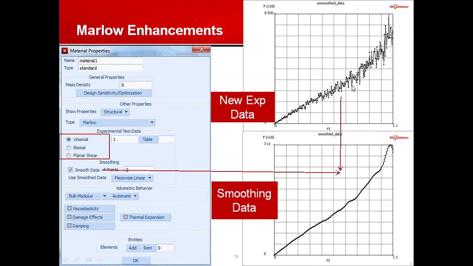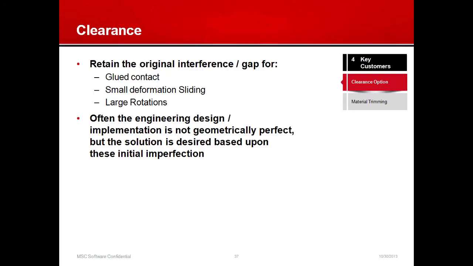What this effectively meant was that every time there was this reduction, we had strain softening, and that resulted in instabilities in the model and poor convergence. So now you can take your experimental data and simply ask for smoothing of the data, and then you will get much better analysis behavior in your results.